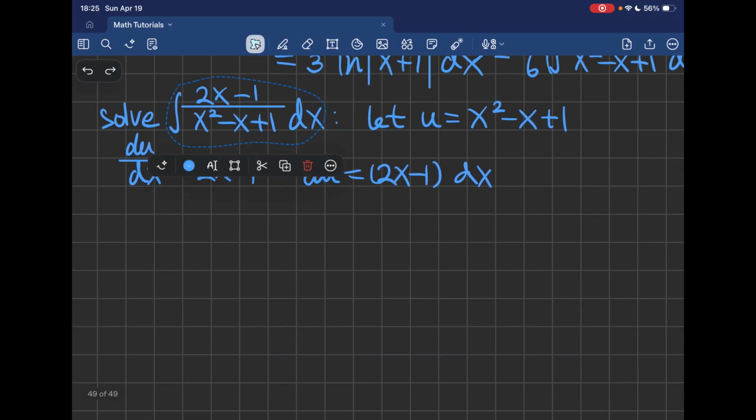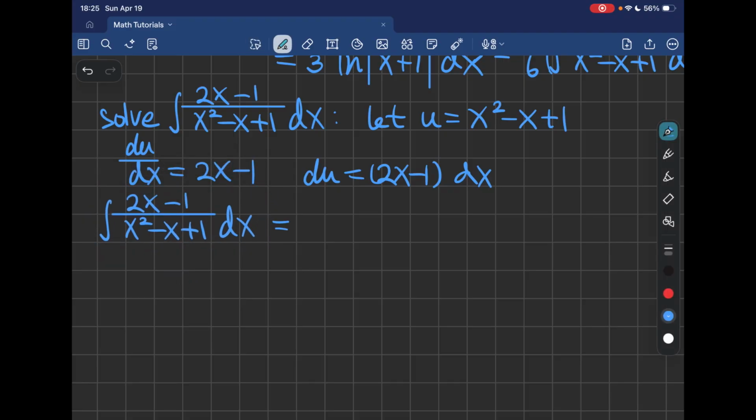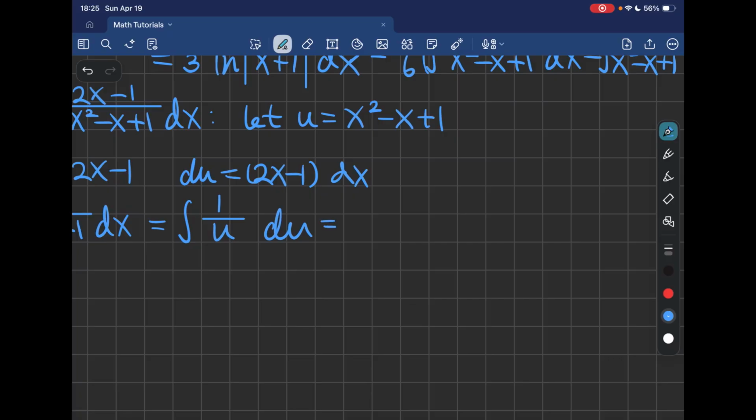So this thing becomes 1 over u du, right? So that should remind you of the natural log again. So we can just keep going. ln of absolute value of u plus c, right?